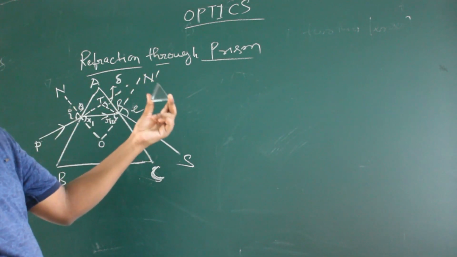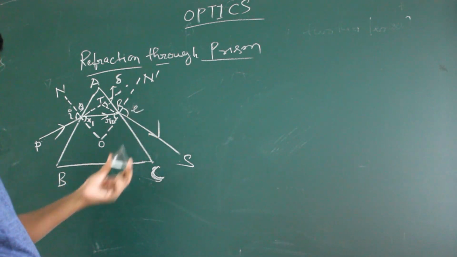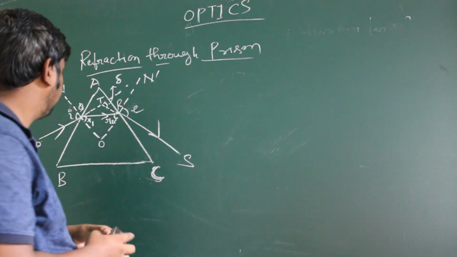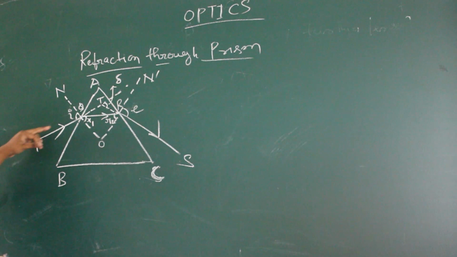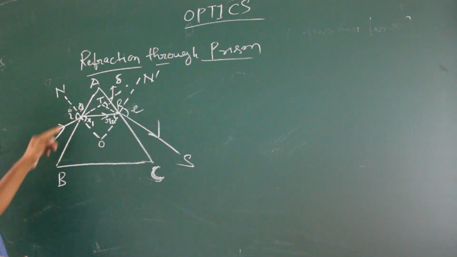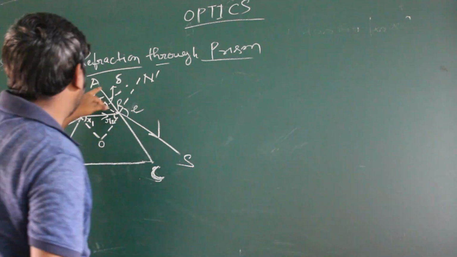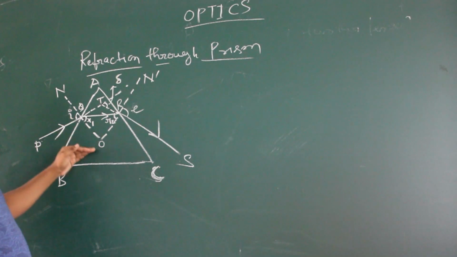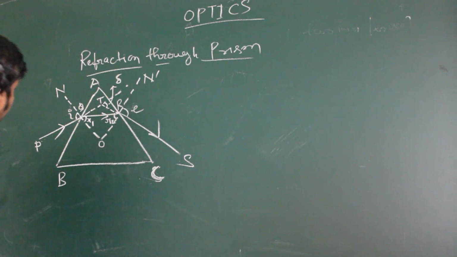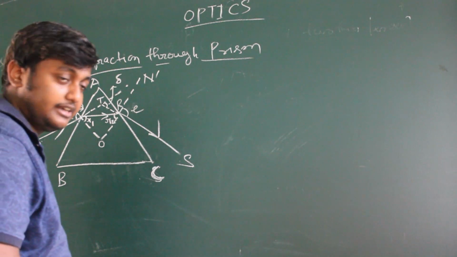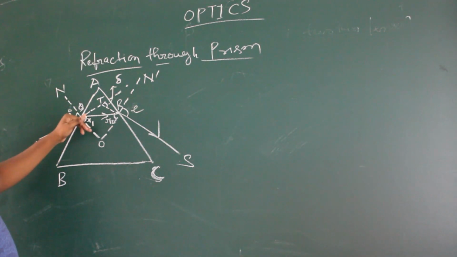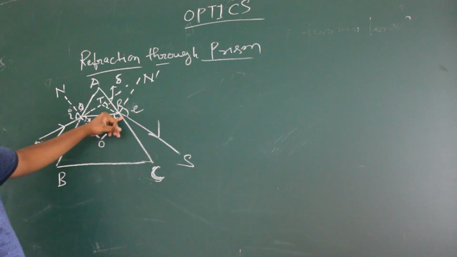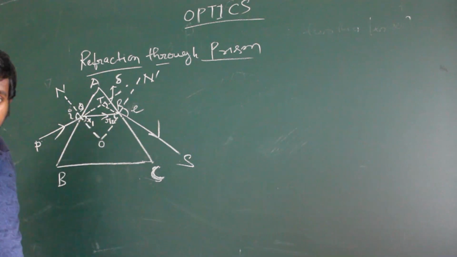Now we consider one ray PQ incident on the first face, that is AB. Here light goes from rarer to denser medium, which means after refraction it will go towards the normal. So PQ is the incident ray, and QR will be the refracted ray.